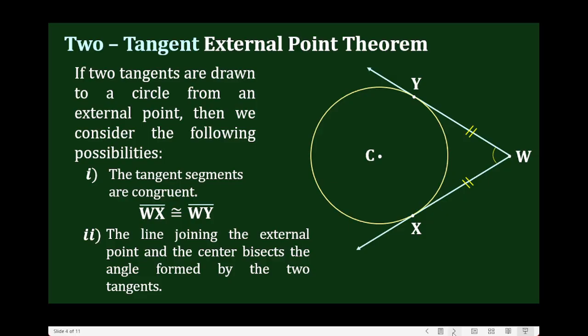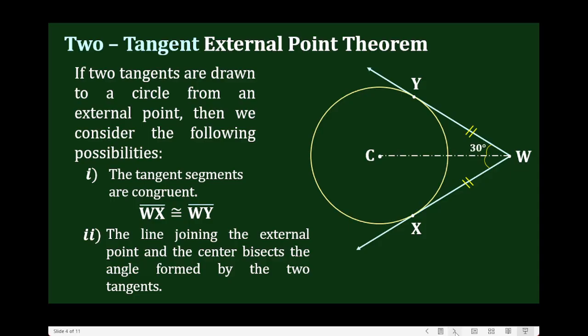Now, suppose the angle formed by these two tangent lines has a measure of 60 degrees. Now, if we connect a segment from external point W to the center of the circle C, this segment will divide angle W into two equal parts. So if this angle is 60 degrees, each of these parts will measure 30 degrees.